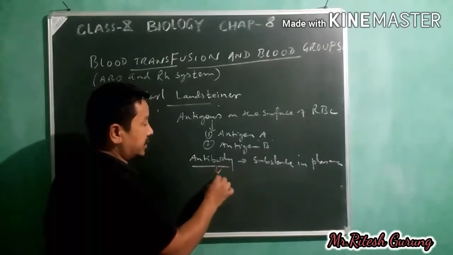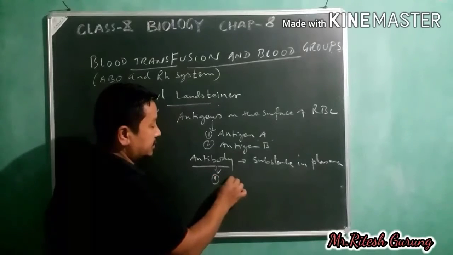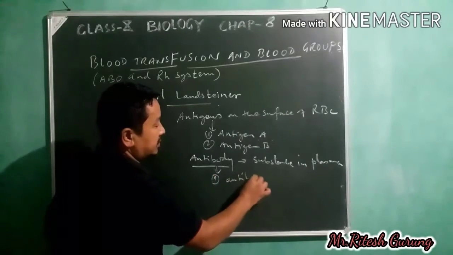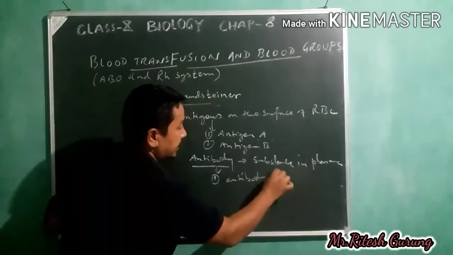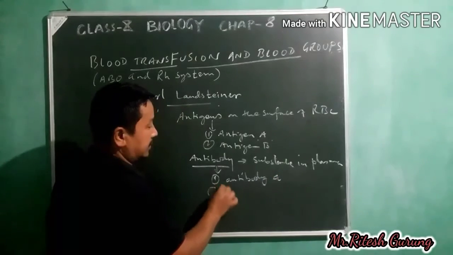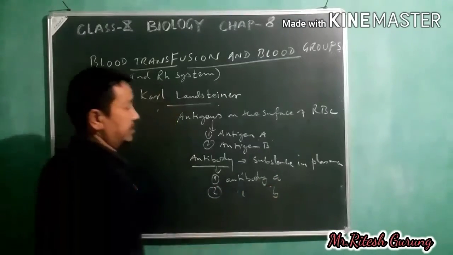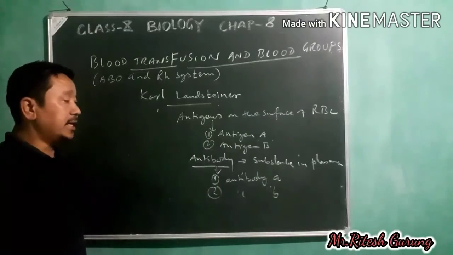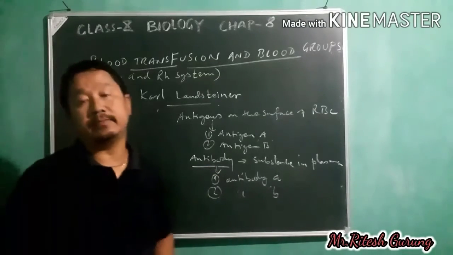This antibody is again of two types, that is antibody A and antibody B.